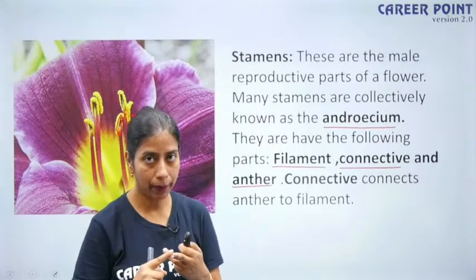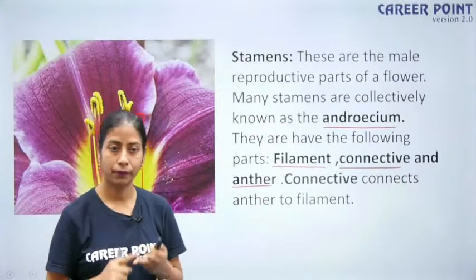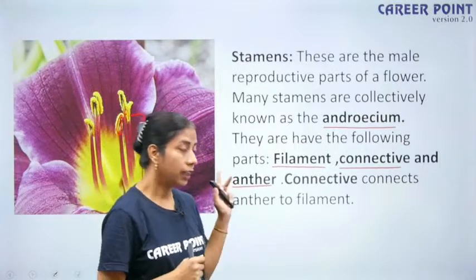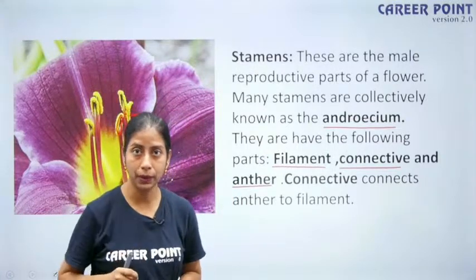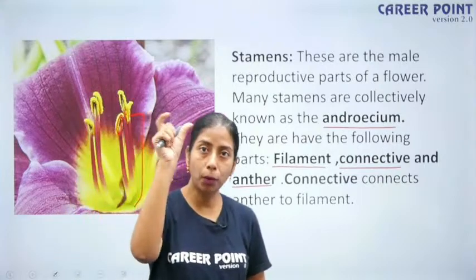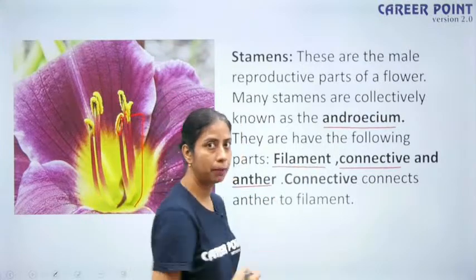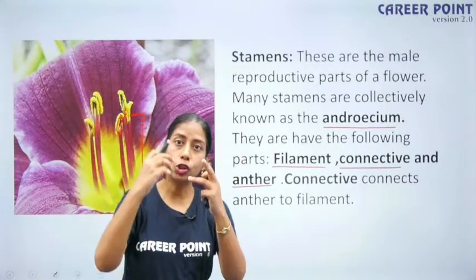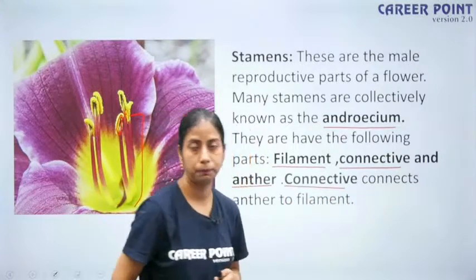Here the long stalk part is known as filament and the above lobed structure is known as anther. Anther and filament are the most important parts of the stamen, and these two parts are connected with the help of connective.